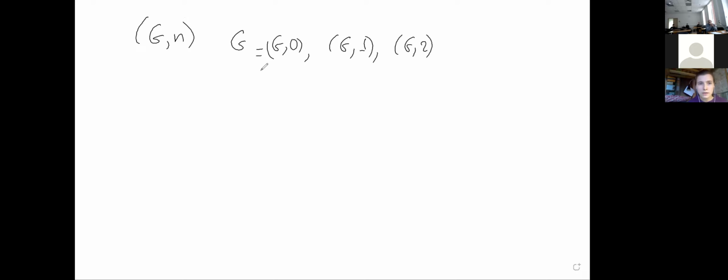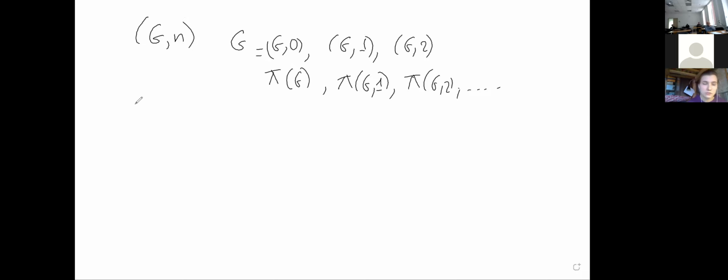We may construct generating functions for the graphs and for the projections of graphs, because we have graphs of this form. So we may take G, which equals G join 0, G join 1, G join 2, and so on. And we may also consider the projections, and so on.